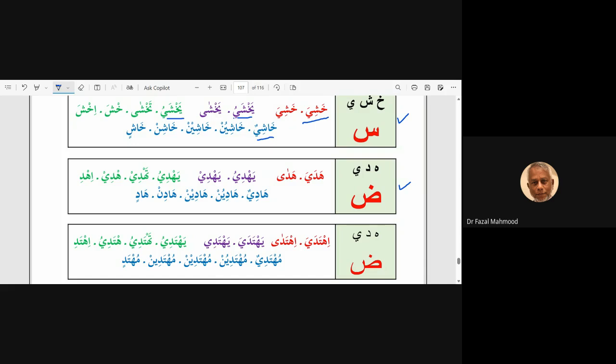So, kha, shin, ya letters make the original madi, which is khashia. And you do not see it in the ta'lil version of that, which is khashia here, with no change because of a special situation, because nasiya, khashia, samia, this ya at the end will stay intact. This is a special exception.